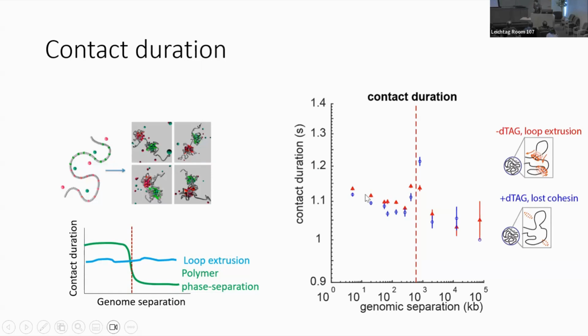Within the TAD, we also see this ever so slight but statistically detectable increase in dwell time with cohesin. Maybe this is the time it takes cohesin to slide out of the way. But overall, the message is contact duration is really not strongly driven by distance at this TAD, which is not to say that it doesn't happen elsewhere in the genome.